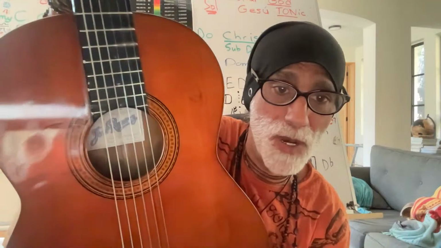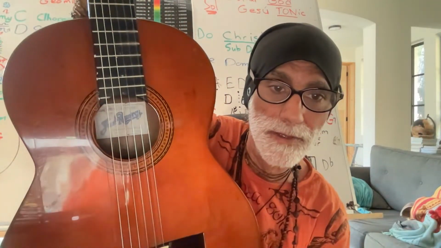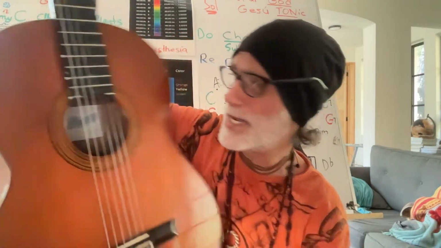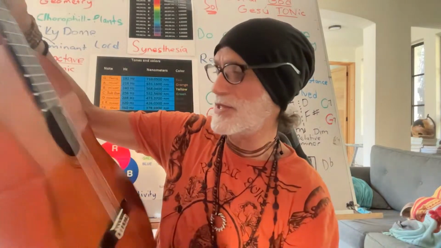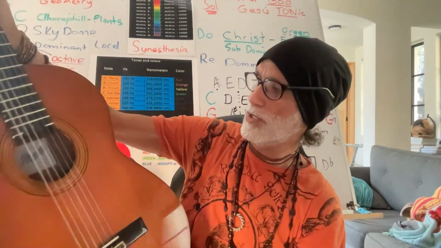This is the number one. This is like the Gibson, the Les Paul, Fender. Jose Ramirez. It doesn't say the year, but I'd say this is at least 25, 30 years old.